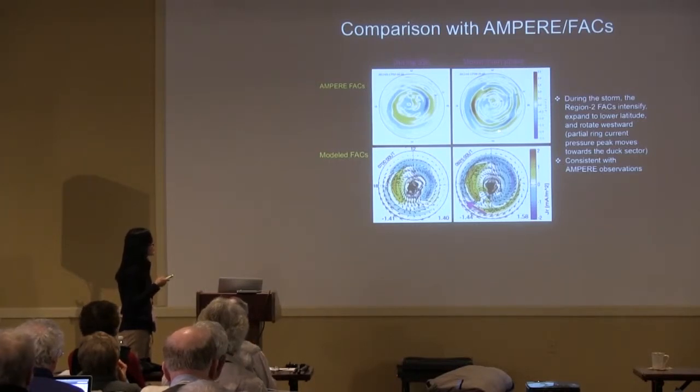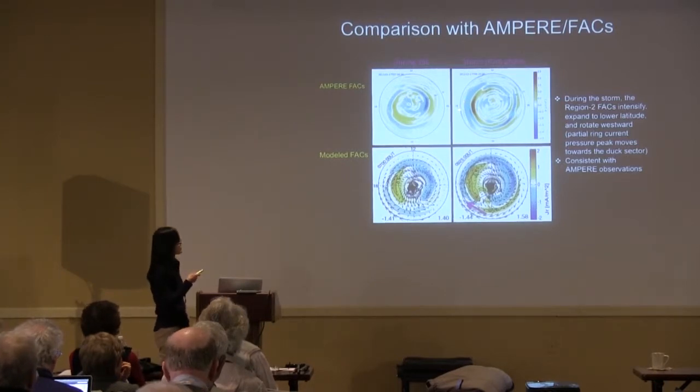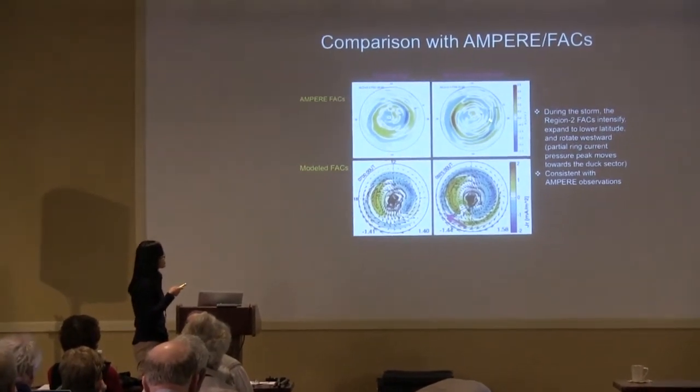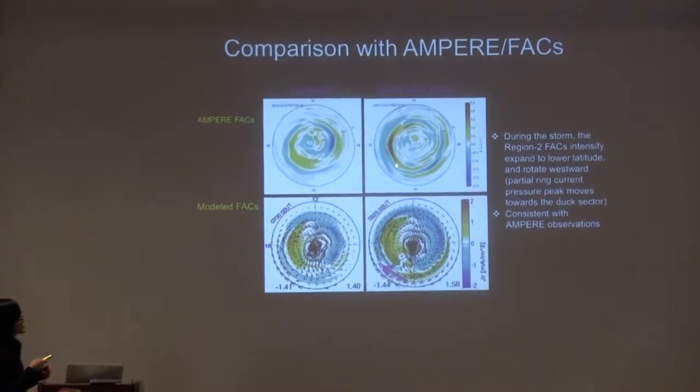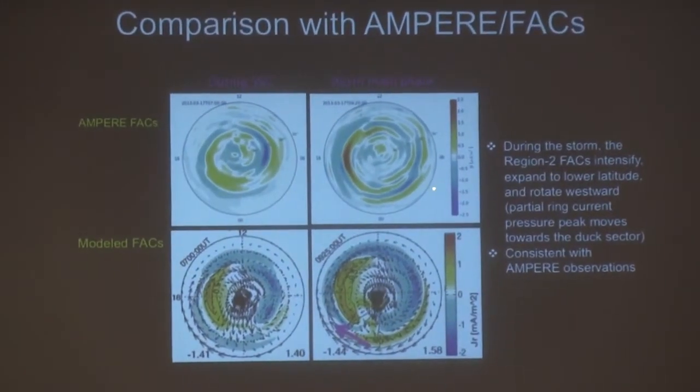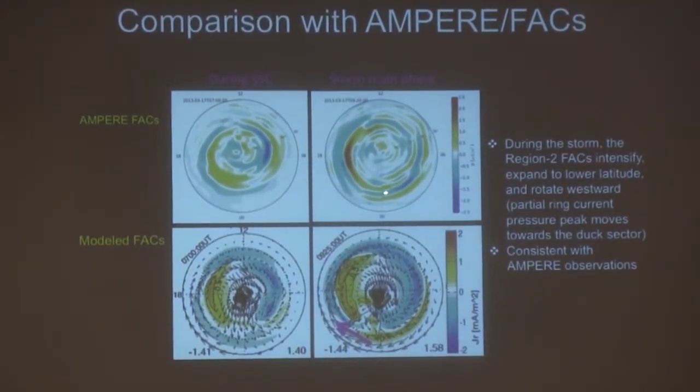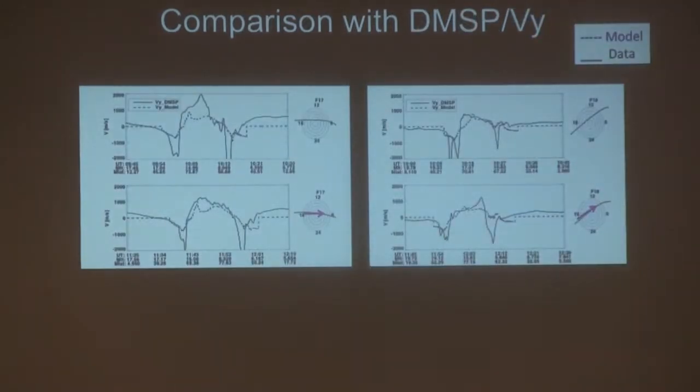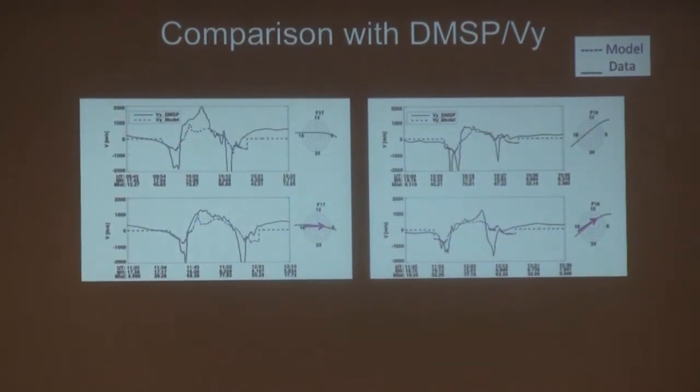In the storm time, the observation shows very fine structure, but you can see that both region 1 and region 2 are enhanced and they expand to a lower latitude. And also, this region 2 field line current rotates towards the westward direction. And in the model, we did see such a rotation. And as I explained earlier, this is due to the ring current development in the inner magnetosphere. And next, I want to compare with the DMSP ion drift velocity.